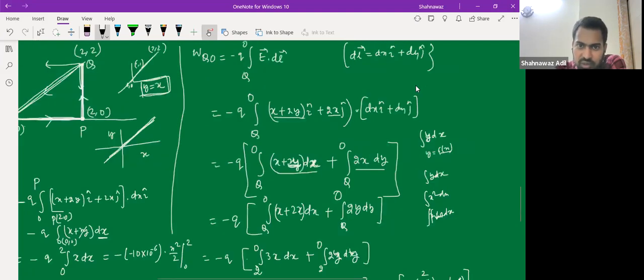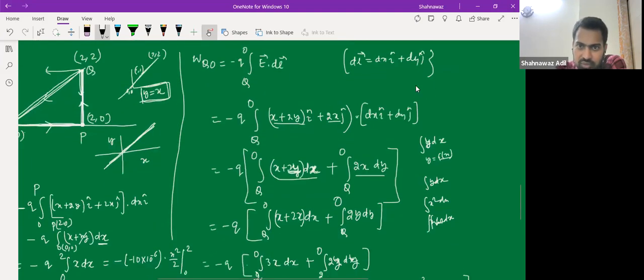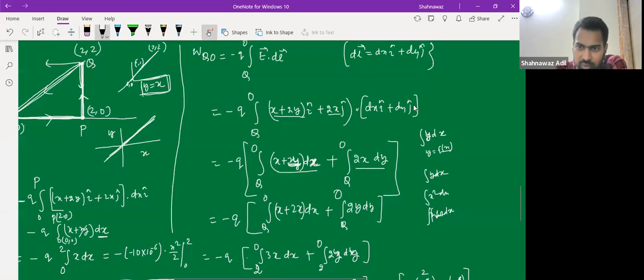Okay, so please note it down. And do you guys remember how much we got for the work done from the point P to Q? It was 8 into 10 to the power minus 5 joule, right? So please note it down, and then we will try to solve the next one.